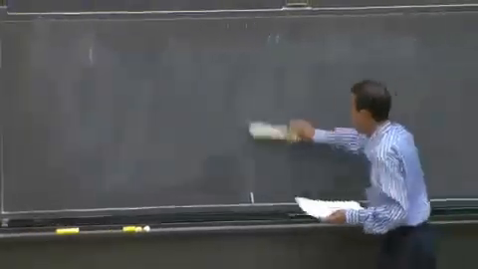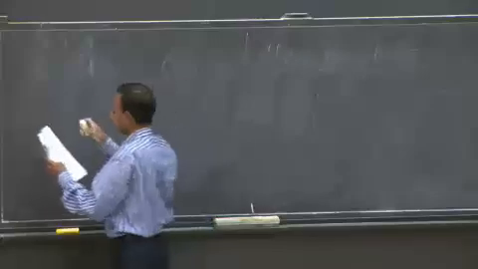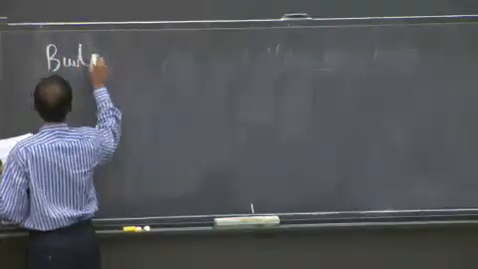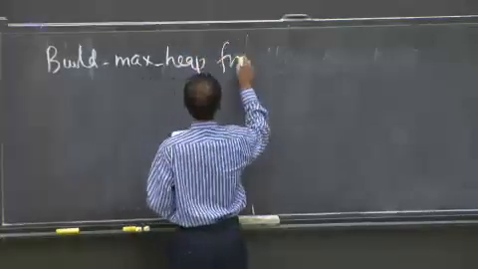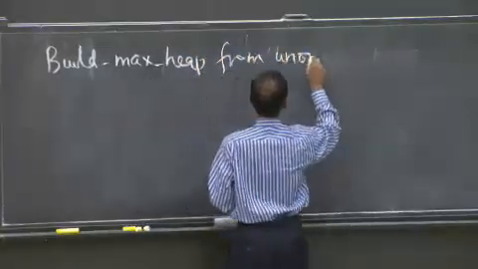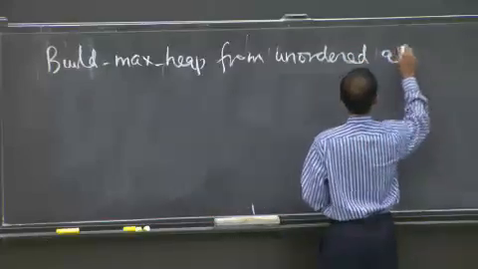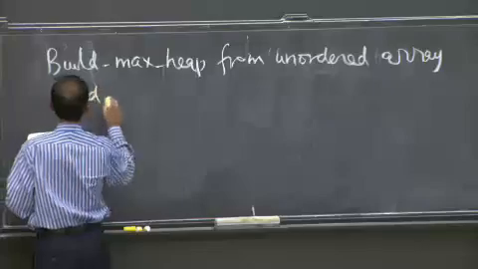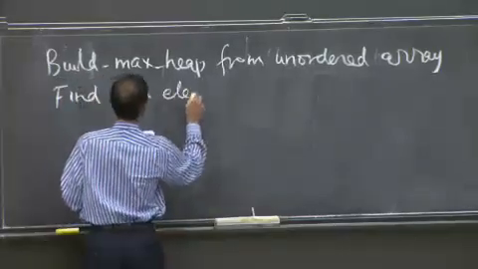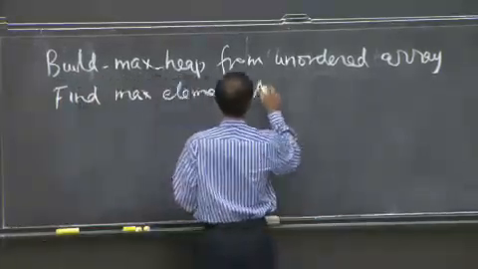It looks like this. The first step is you build max heap from the unordered array. Then you find the maximum element, A1. All of this I've said multiple times.